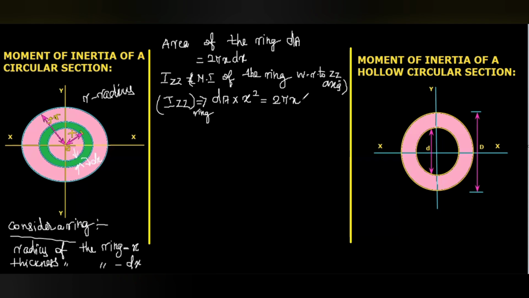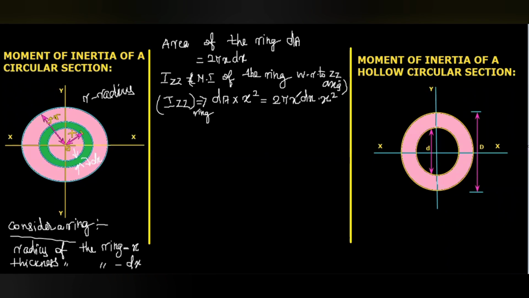So 2 pi x dx multiplied with x square. So we can write 2 pi x multiplied with this x, so it will be 2 pi x cube dx. Okay, here this one, 2 pi x dx, that is dA multiplied with x square.